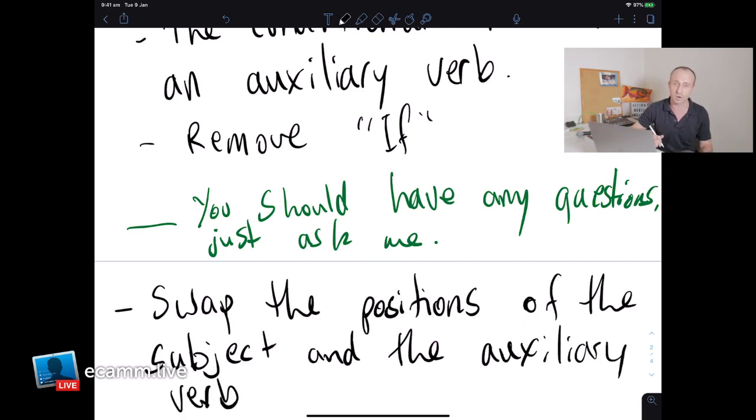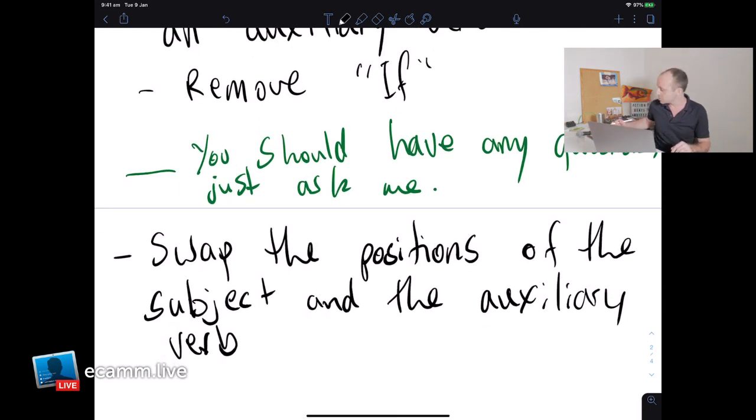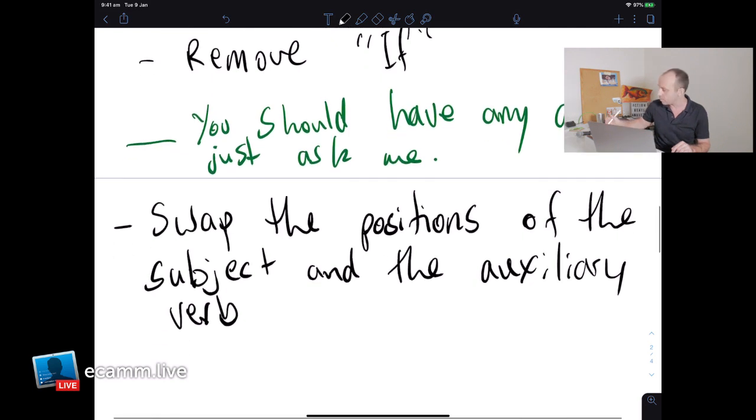It sounds very complicated. It's really not. Of course, when you're learning, it might be, but you are smart, right? We swap the positions of the subject and auxiliary verb. Well, up here we've got subject, and here we've got auxiliary verb. So we'll swap them.